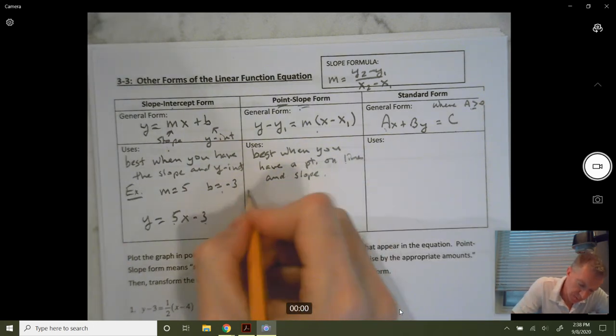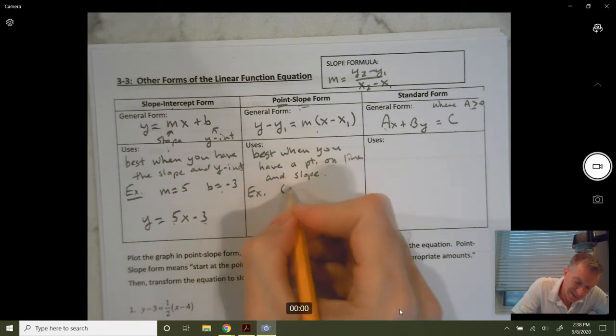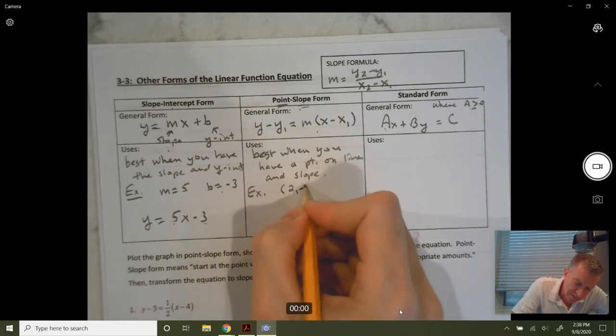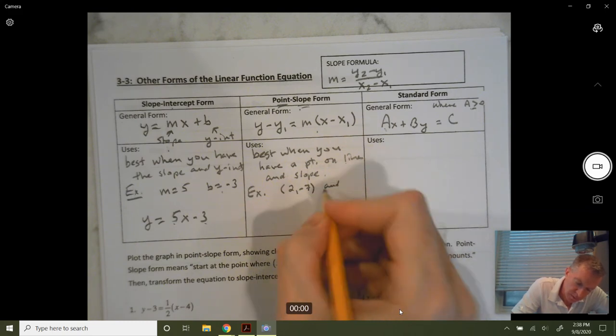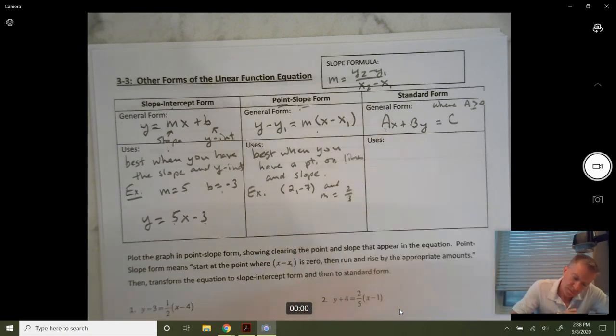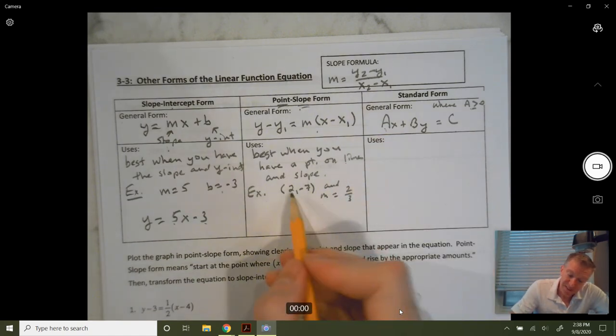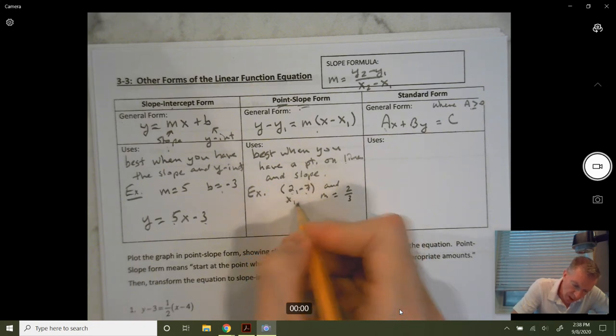So for example, find the equation of the line that passes through the point, let's say (2, -7), and has a slope of m = 2/3. Well, this is your one specific point. We'll call this (x1, y1).